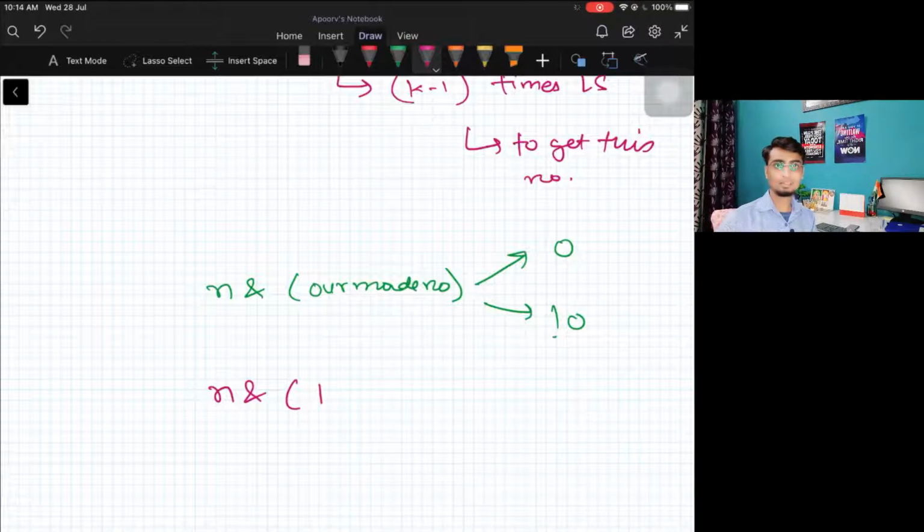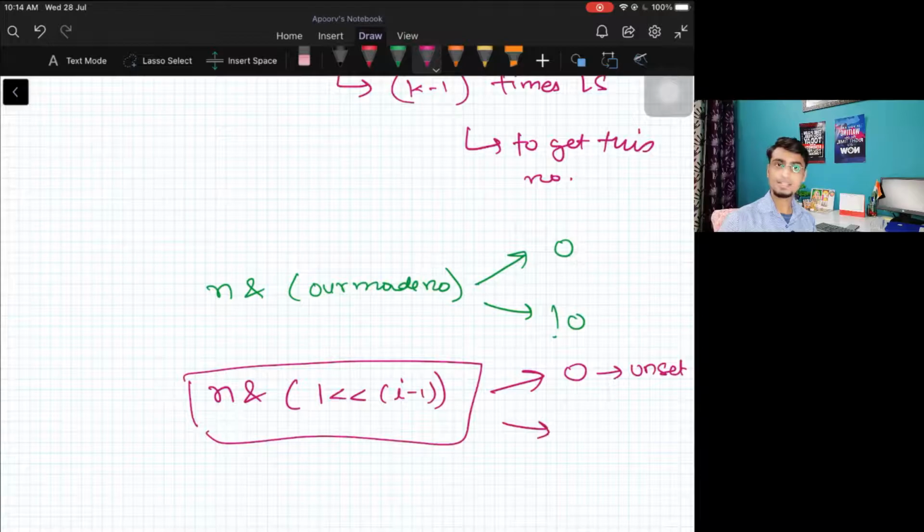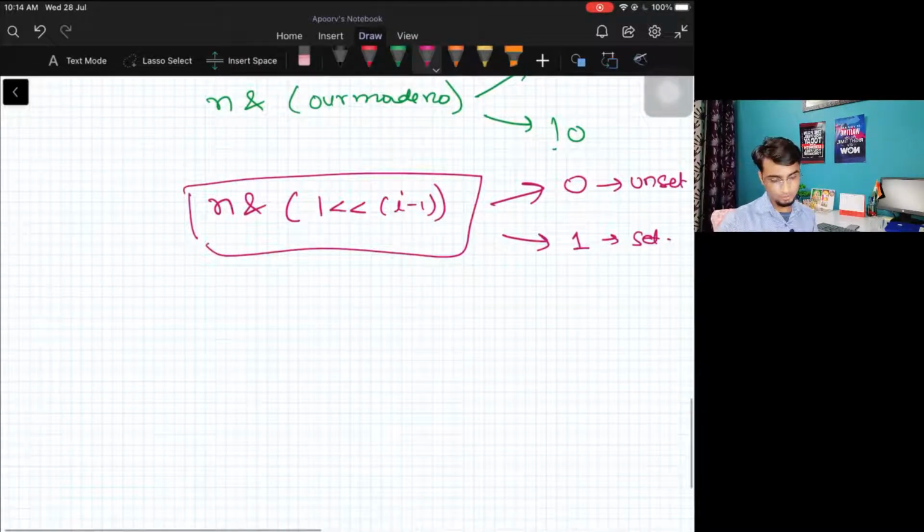Since we are given the ith bit of a number, 1 is left shifted i minus 1 times. Now if this expression is 0, that means unset. If this expression is non-zero, that means set. Got it?